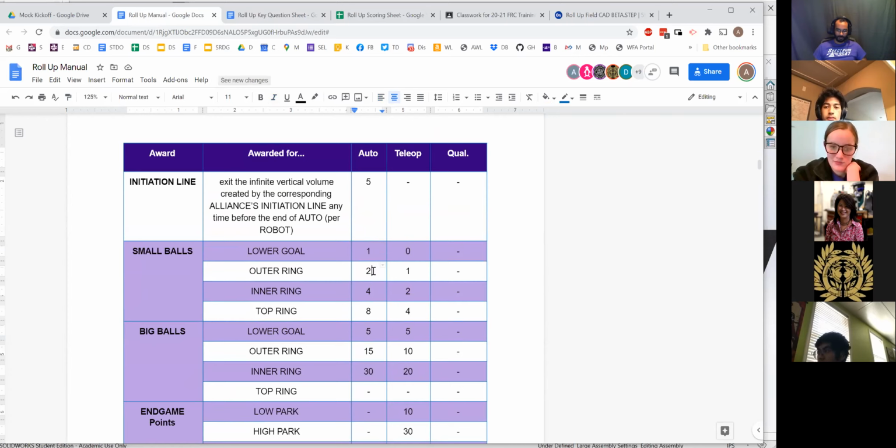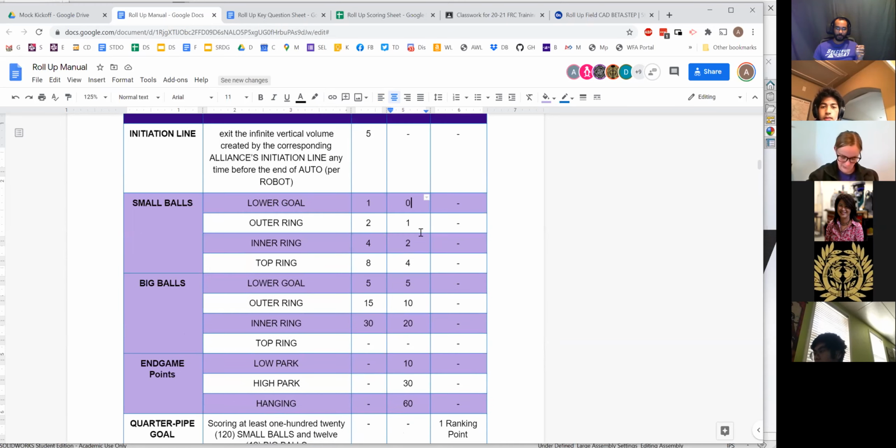The outer ring, which is the largest ring, is 2. The inner ring is 4, and the top ring is 8. In teleop, the lower goal is 0. So if you don't get it into one of the rings with a small ball, you don't get any points. The outer ring is 1, the inner ring is 2, and the top ring is 4.